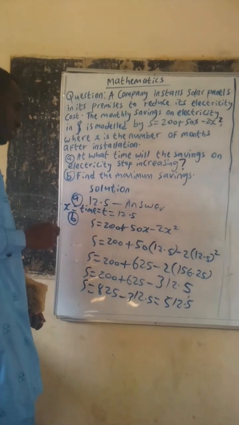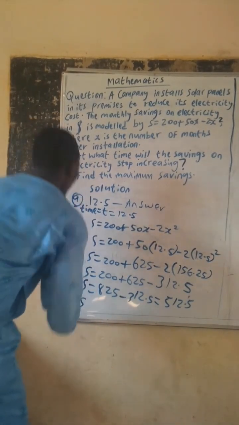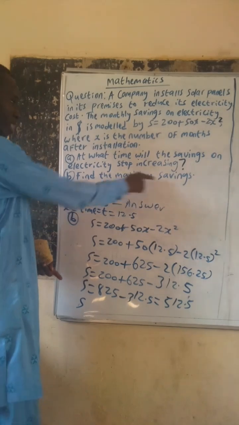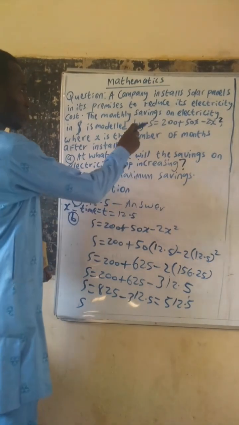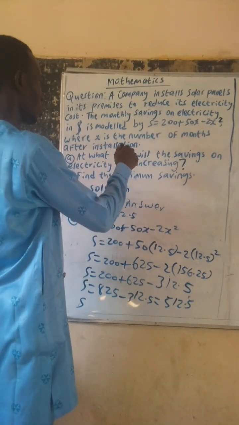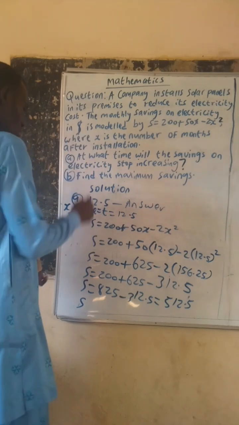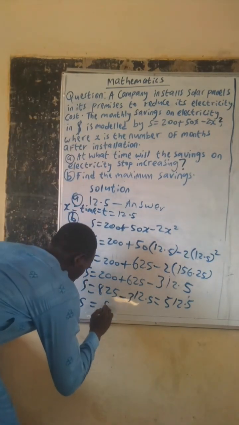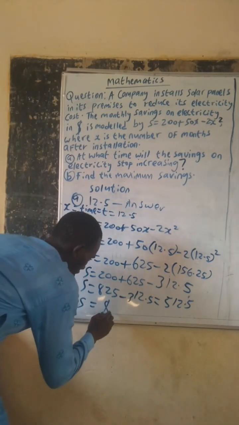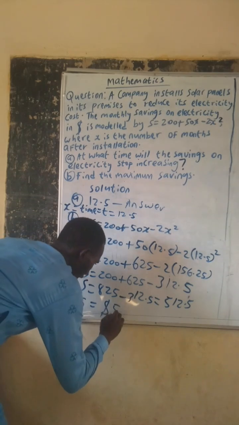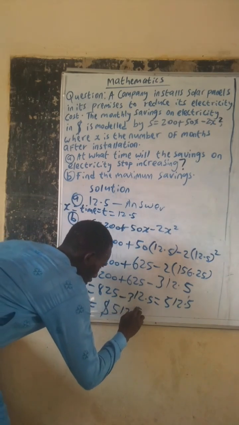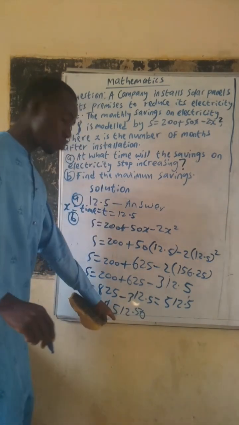But since we are talking about money here, find the maximum savings, and the savings must be in dollars. So we have S, this is our dollar sign, and 512 point 50.